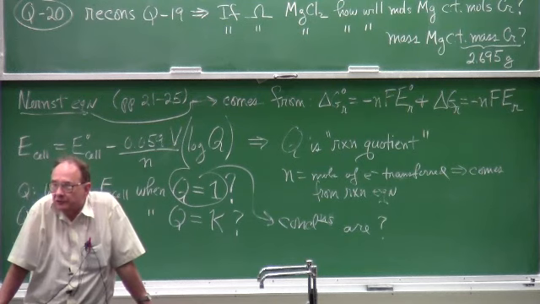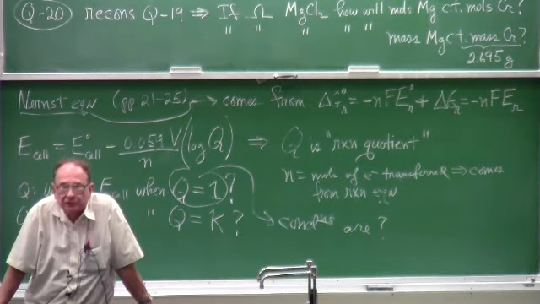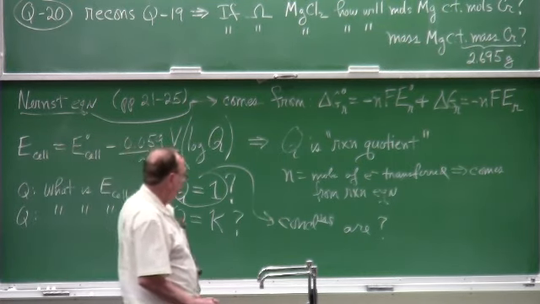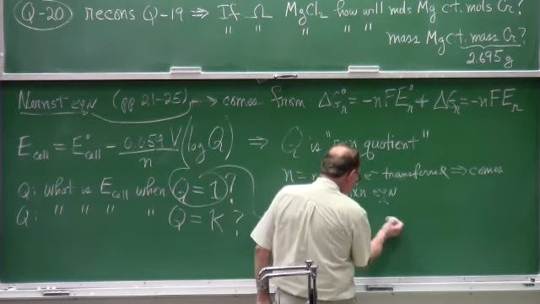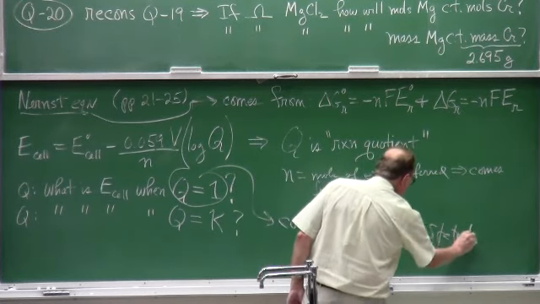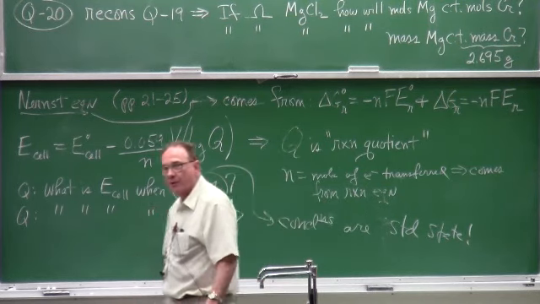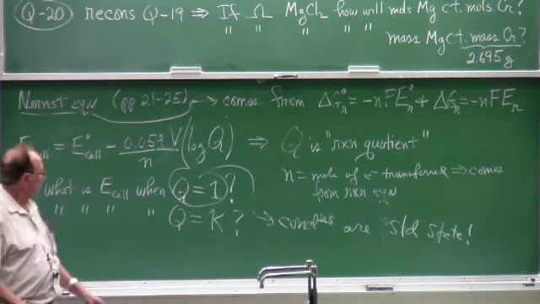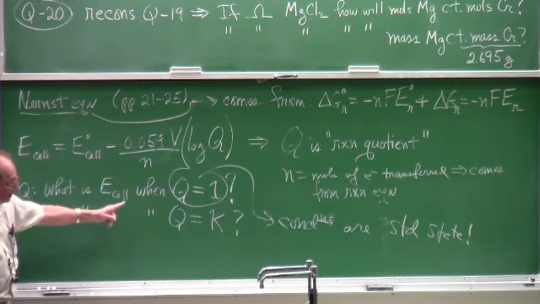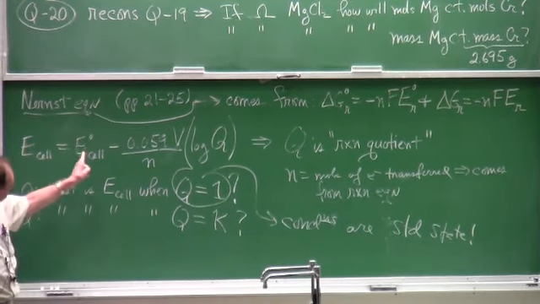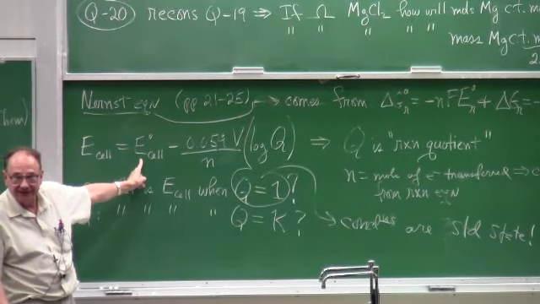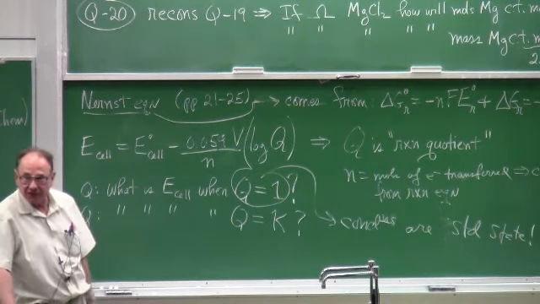That means molar concentrations are 1. Gas partial pressures are 1. What kind of conditions? Standard state. What's a log of 1? So I go back to my question. What's the value for E cell when Q is equal to 1? It's the standard state operating potential, isn't it? Because we're under standard state conditions.